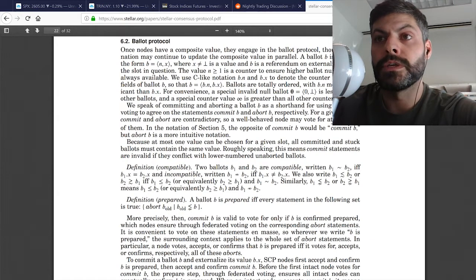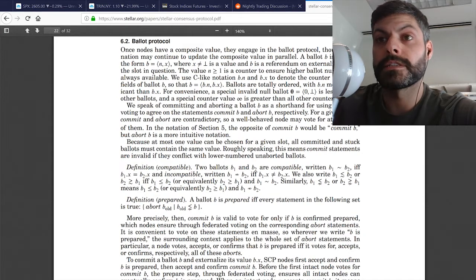We also write B1 less than or compatible B2, or B2 greater than or compatible B1, if and only if B1 is less than or equal to B2, or equivalently, B2 is greater than or equal to B1, and B1 is compatible with B2.